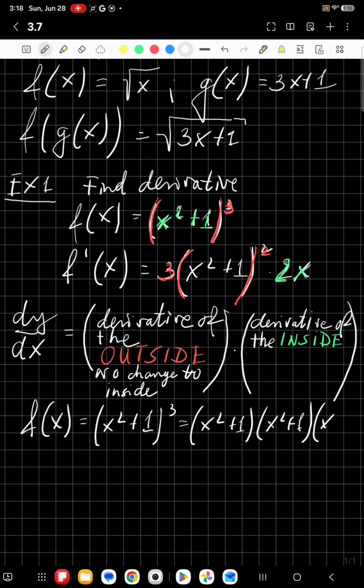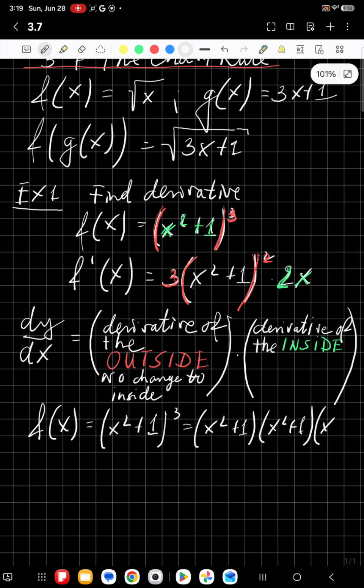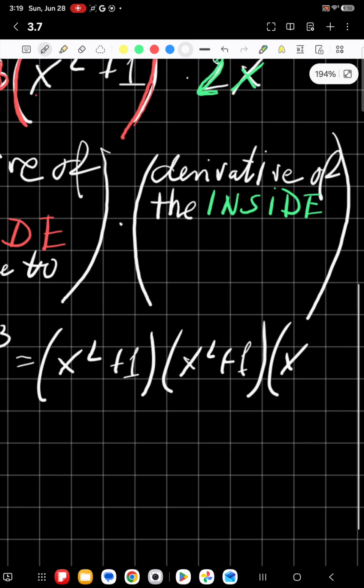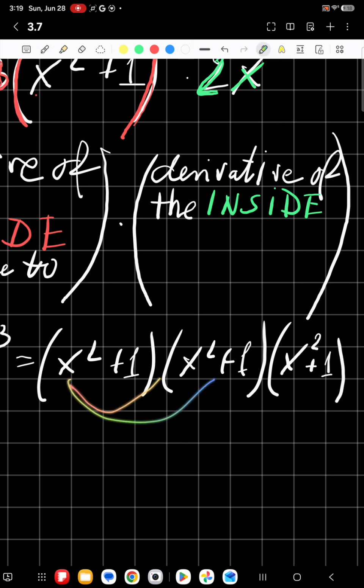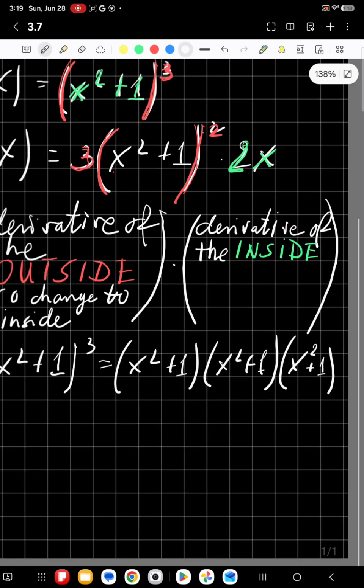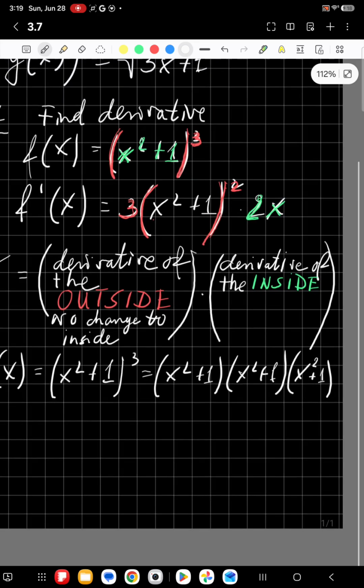Quite a bit of work, but doable. You could multiply this with this, and then this with this, and so on, and finally you would get just a polynomial. That would be a lot of work, but still doable.